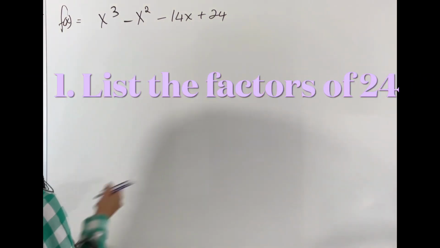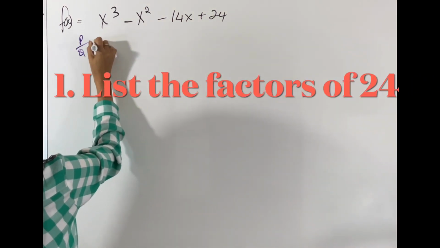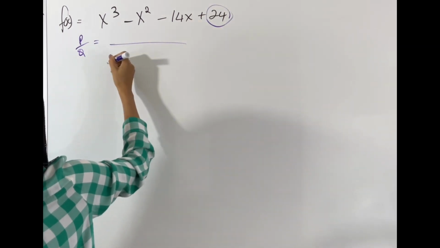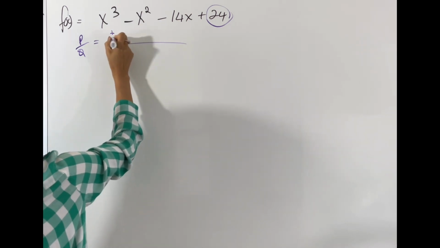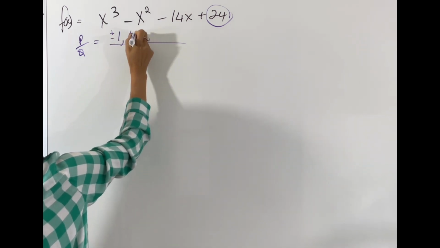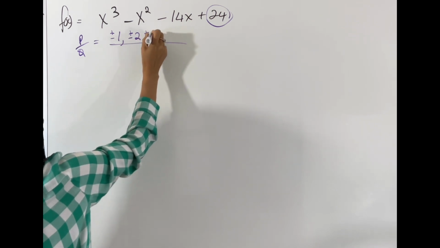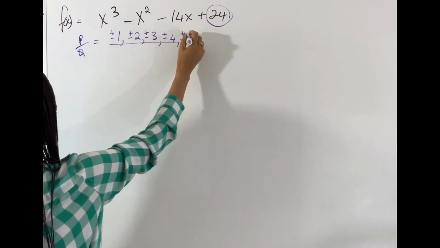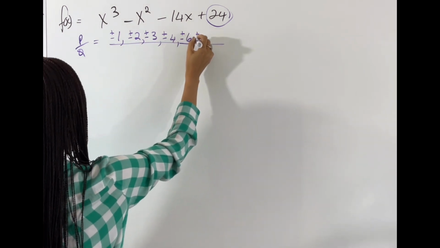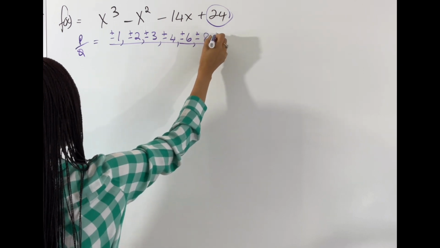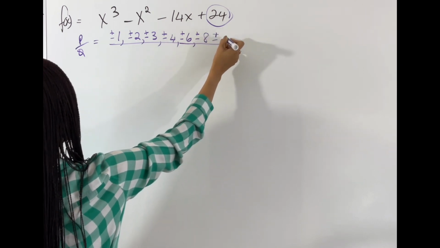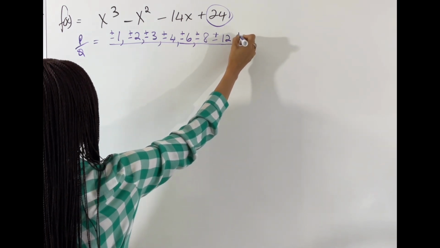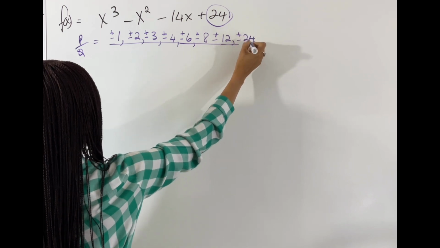So we are going to list the factors of 24, because that is going to go on top first, and we're going to have plus or minus 1, plus or minus 2, plus or minus 3, plus or minus 4, plus or minus 6, and then we're also going to have plus or minus 8, plus or minus 12, and plus or minus 24.